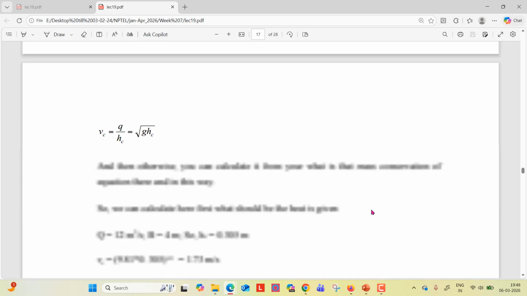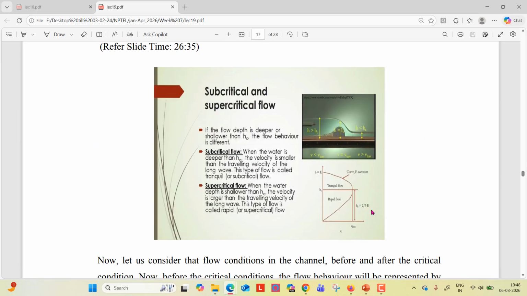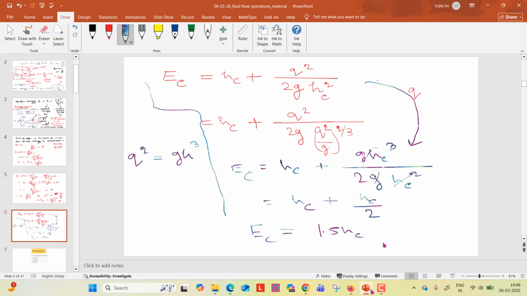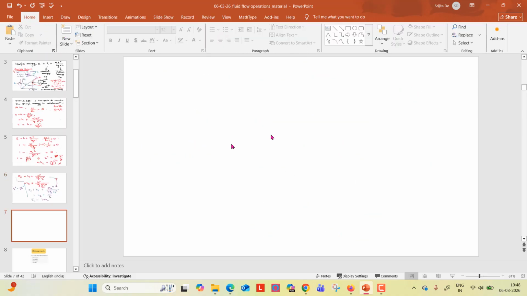Now this is an equation. If you again want me to do the expression of critical velocity, no problem in that.